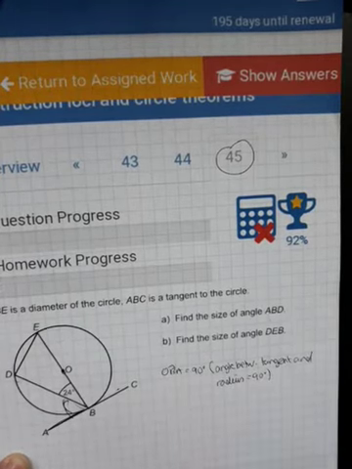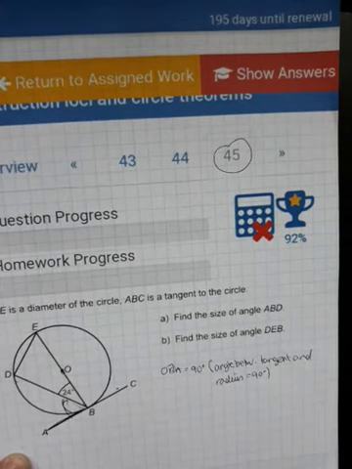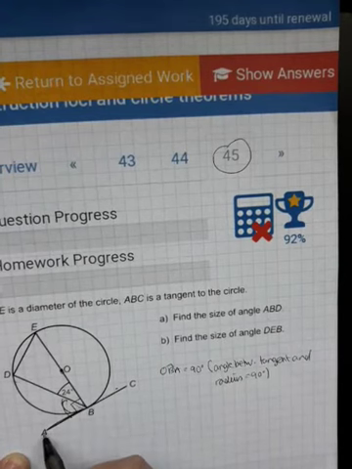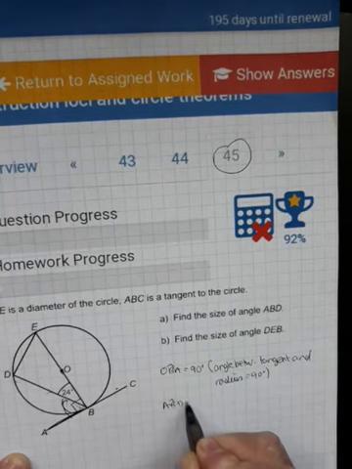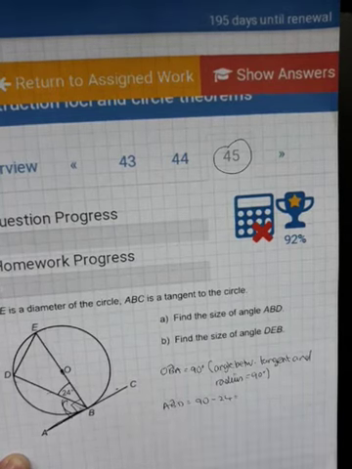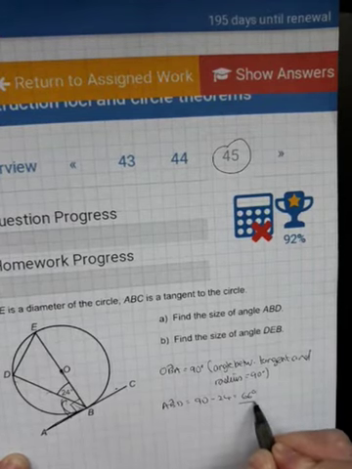Now look, you notice I've quoted it almost word for word there. I'm not trying to make my own version of that. So if the whole of that angle has to be 90 degrees, what is ABD? Well, ABD must be equal to 90 minus 24, which gives us 66 degrees.